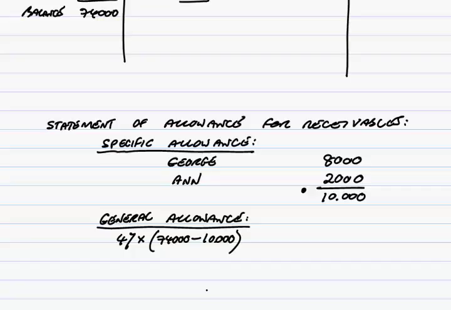And we take a percent of that figure. It's always of whatever we think we're certain. The receivables after removing the bad ones, and less any specifically doubtful. So 64,000, 4% is 2,560, giving a total of 12,560.